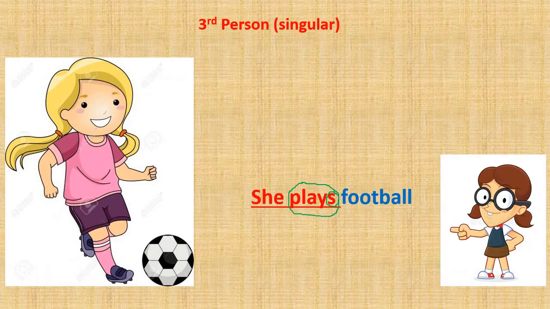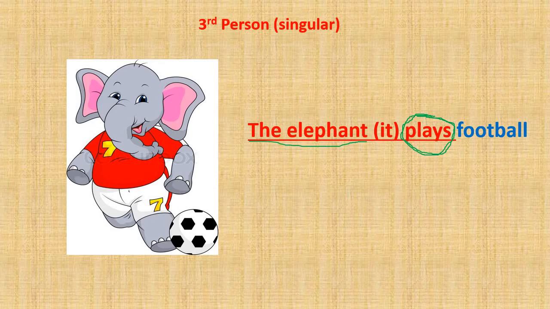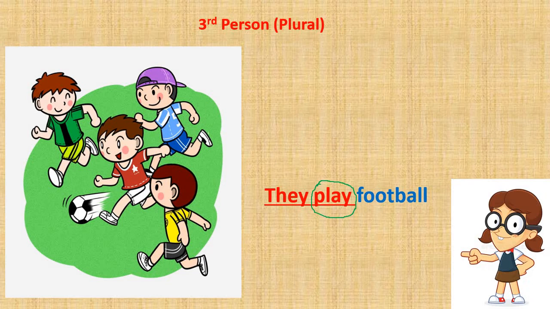We saw that the third person singular number, she, he, any name or it, takes the verb by adding an s at the end of it, but third person plural number does not do like this.